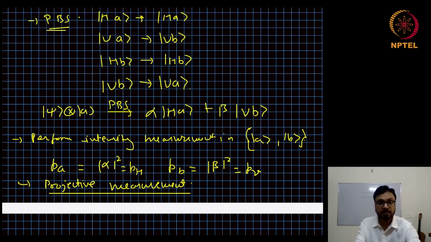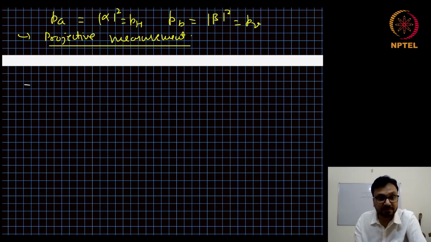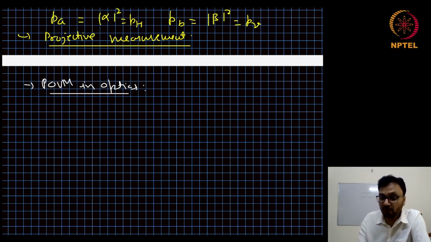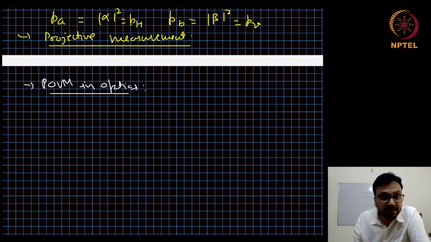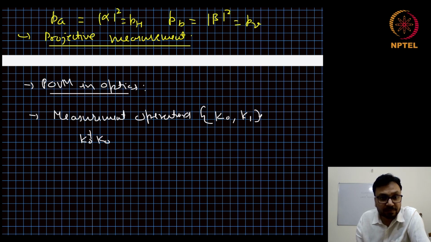Now, how do we perform POVM on such a system? On the same system, if we want to perform POVM, how will it go? For simplicity, we take a POVM where the measurement operators are K0 and K1, such that K0 dagger K0 plus K1 dagger K1 equals identity.